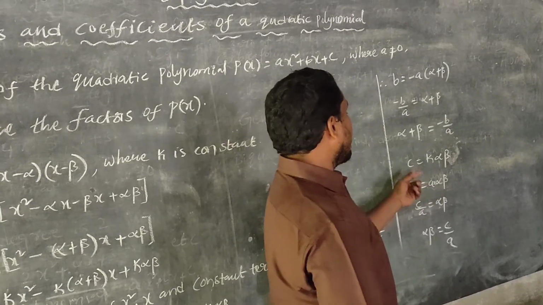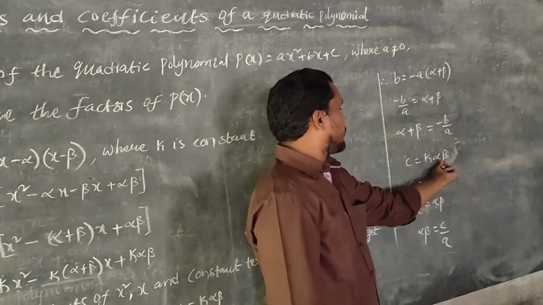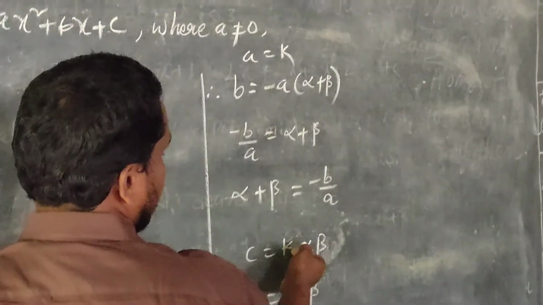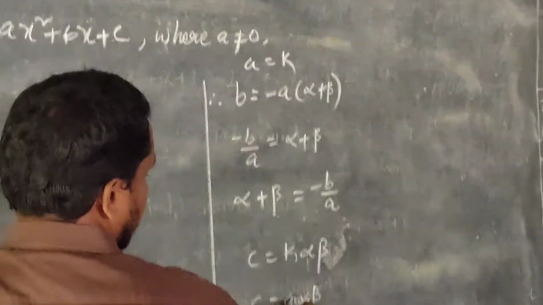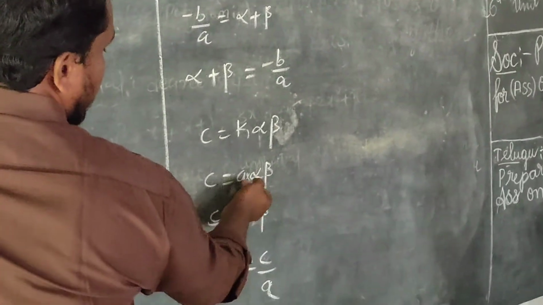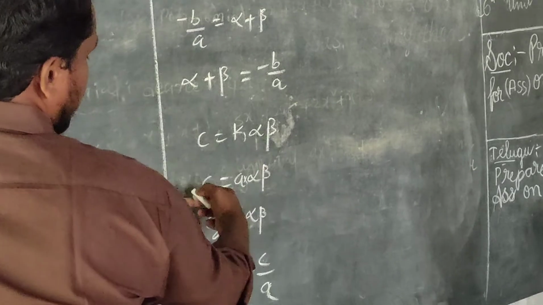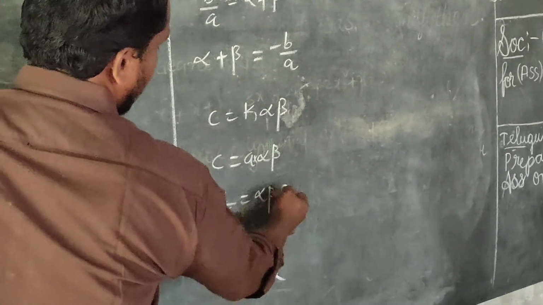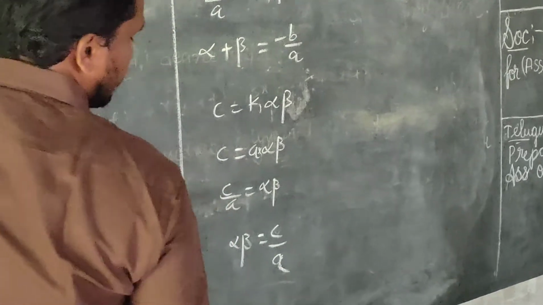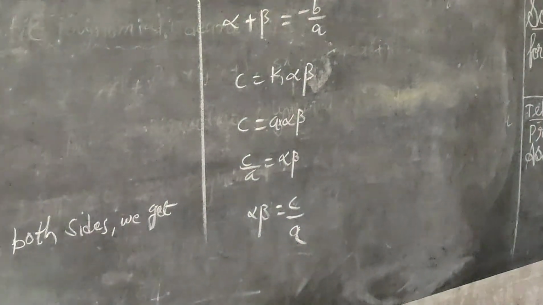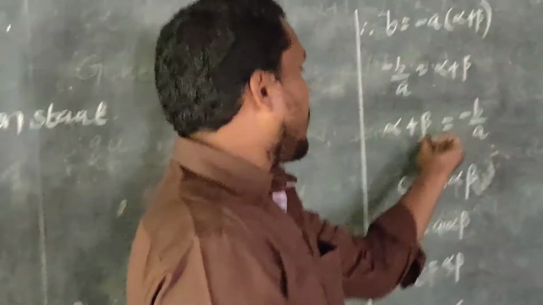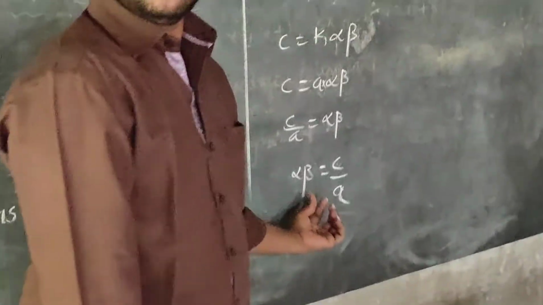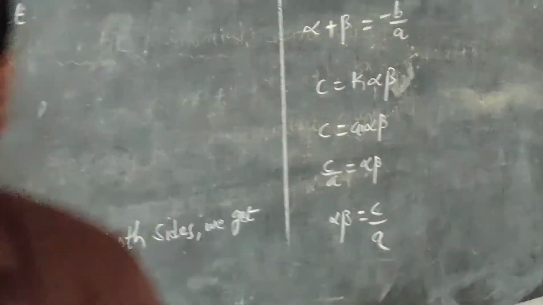For the constant, c is equal to k alpha beta. Already we know k is equal to a, so c is equal to a alpha beta. Transposing a, c by a is equal to alpha beta. Alpha beta is equal to c by a. Alpha plus beta is equal to minus b by a, and alpha beta is equal to c by a.